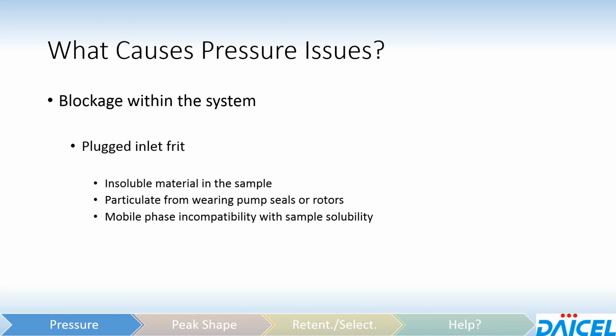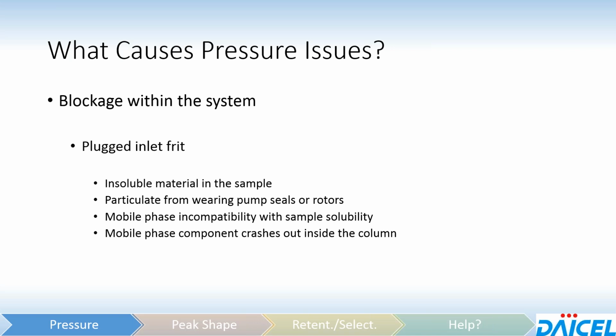There could be mobile phase incompatibility issues with sample solubility. For instance, you have your sample dissolved in 100% ethanol and you inject it on the column with a mobile phase that's high in hexanes, 90-10, for instance. Sometimes we'll see the sample crash out because it's not soluble in the hexane.